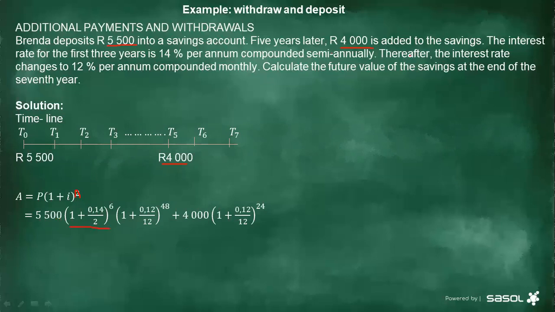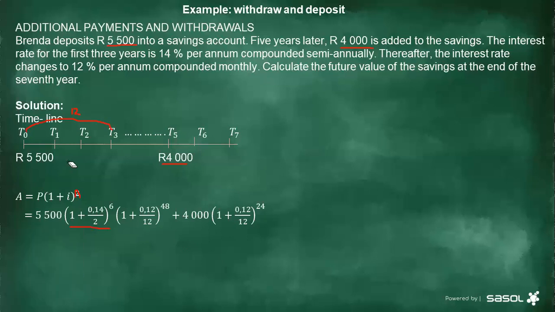Now remember the interest rate of the first 3 years, meaning from here to there, the interest rate is 12%, right? No, not 12%, it's 14%. Let me fix that.